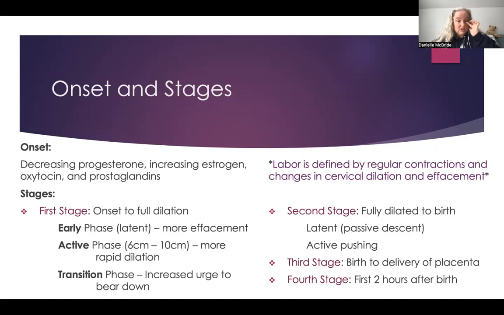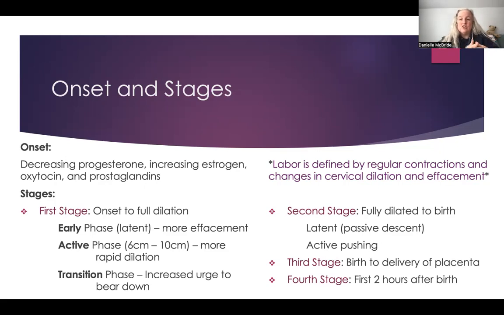Transition phase. Transition happens when the patient starts feeling the urge to push. Transition is really transitioning between the first stage and the second stage. We have that last little bit of cervix that's going away. Usually this happens around 8 centimeters dilation.